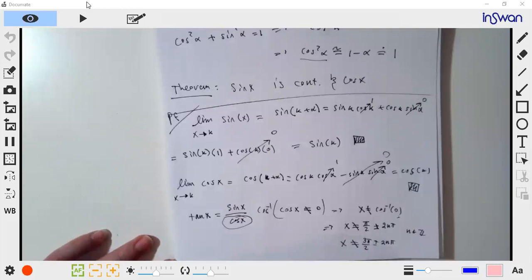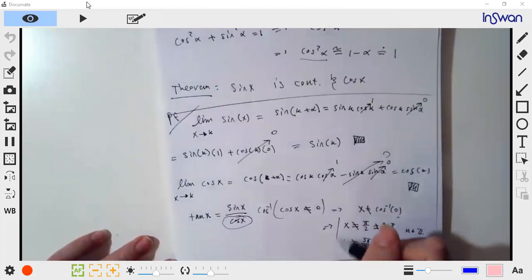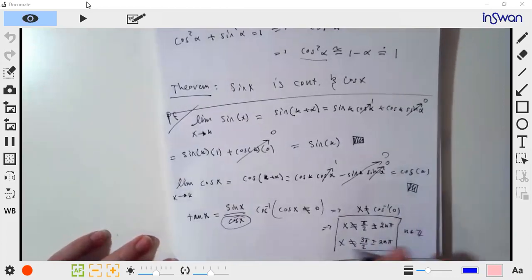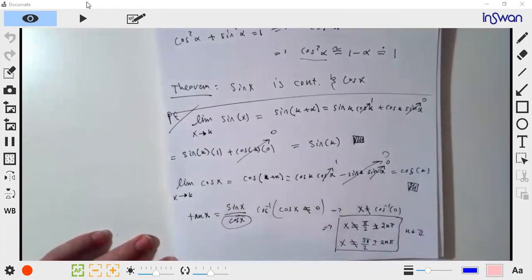So tangent of x will have a specific domain in which it avoids all the values that we've highlighted here. The domain is everything except these values. On your test and on your homework, make sure that you explicitly highlight these facts.